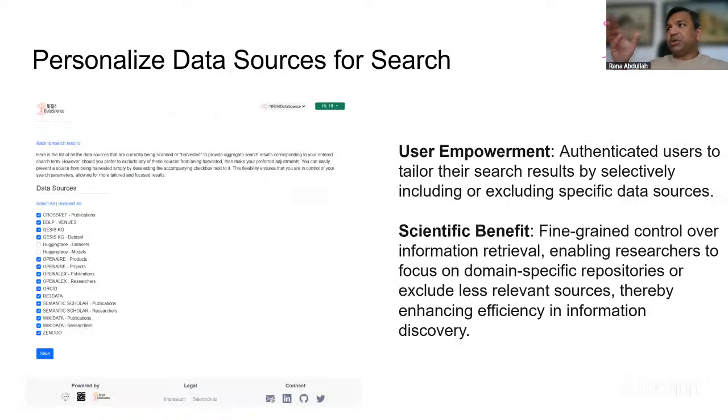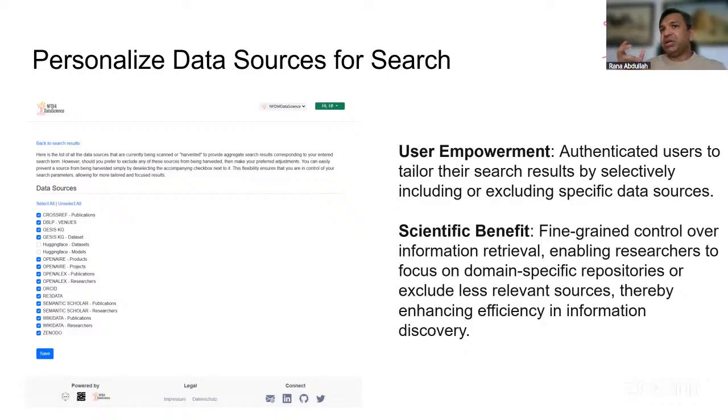Now, on the top, there is also a login functionality, as we see from the green button over here. If my mouse is visible, I don't know. We are empowering our users to narrow down their search. If, for a certain purpose, a person is interested in very domain-specific datasets or repositories, they can focus on just those.